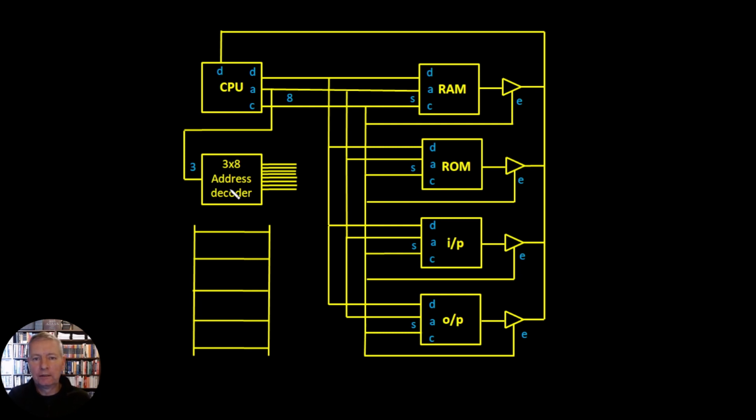You've seen the 3x8 decoder before, we've built it and we've used it in various places in the CPU. So we would have 8 control lines here, and we could use these control lines in order to choose which device we're actually going to read or write from. So let's have a look at that and we'll see how that works.